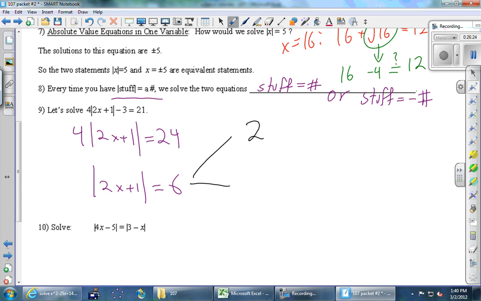Either 2x plus 1 is 6, or 2x plus 1 is negative 6. Those are the 2 branches. This is how we handle absolute value and make it so that the new equations don't have absolute value. Notice the absolute value disappears when you change it to 6 and minus 6. Are there questions on that?